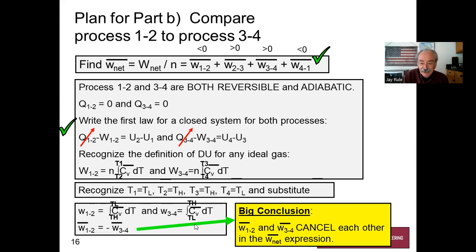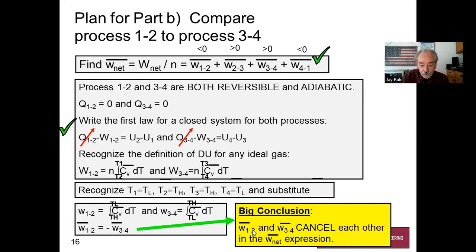I don't even have to integrate it. I can see that the work from 1 to 2 exactly equals the negative of the work from 3 to 4. Look at the limits on the integral. If I flip them, that's the big conclusion, the big observation that is subtle but important.